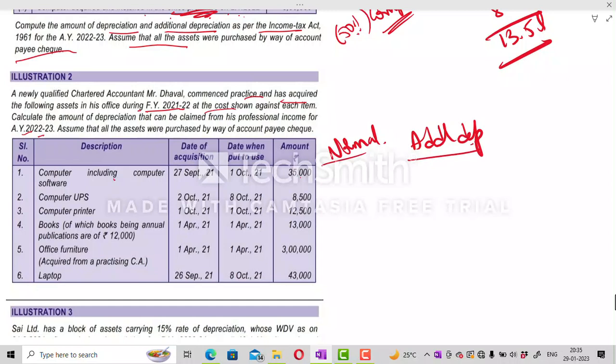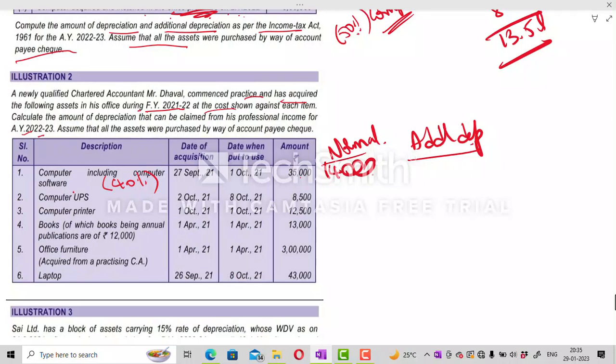Computer, including computer software. See, computer and its accessories will be depreciated at 40%. So, if it is used for more than 180 days, put to use on 1st October means before 3rd October itself, so it is 100% we have to calculate. So 35,000 into 40%, 14,000.